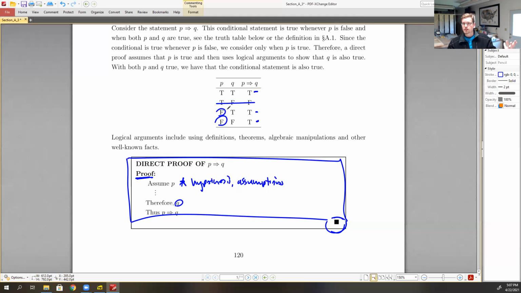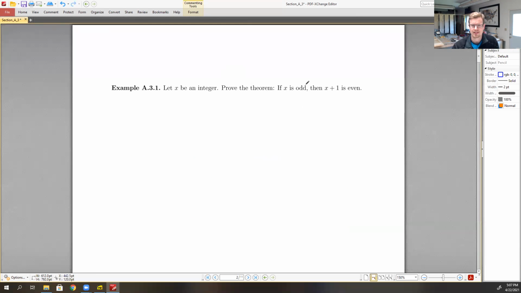And so essentially what we want to consider is if x is actually odd, when the premise, or the hypothesis, is true. So when x is actually odd, can we show that x plus 1 is even? If we can, yay. If we cannot, we have a problem, right? We believe it to be true. Let's prove it to be true. So let's take a look at this.